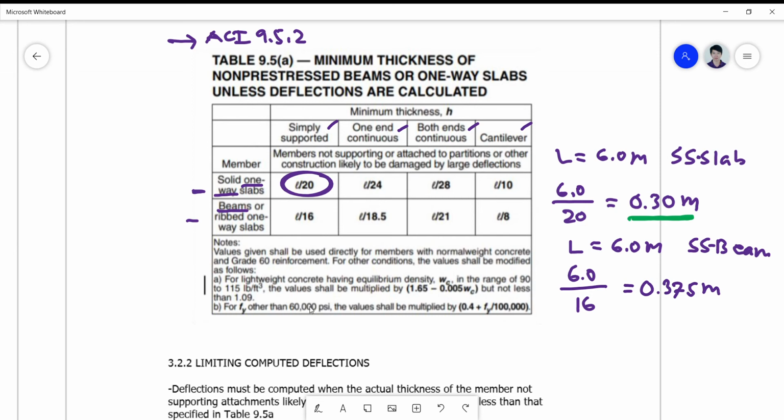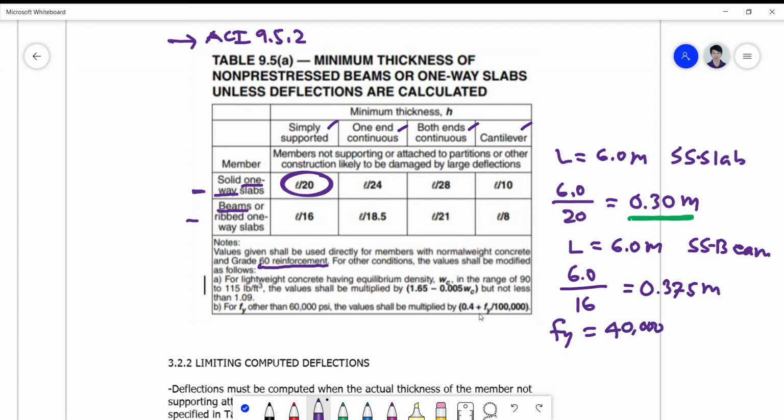And for Fy other than 60,000 psi, the value shall be multiplied by 0.4 plus Fy divided by 100,000. So there's a limitation here, class, that your Fy must always be grade 60 reinforcement. So if I give you a problem where Fy is, say, grade 40 or 40,000, I have to use this as my multiplier to the value obtained from this ratio.